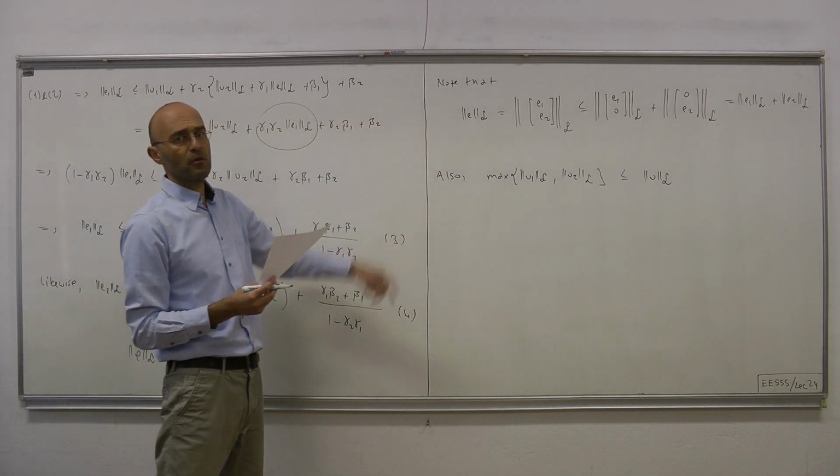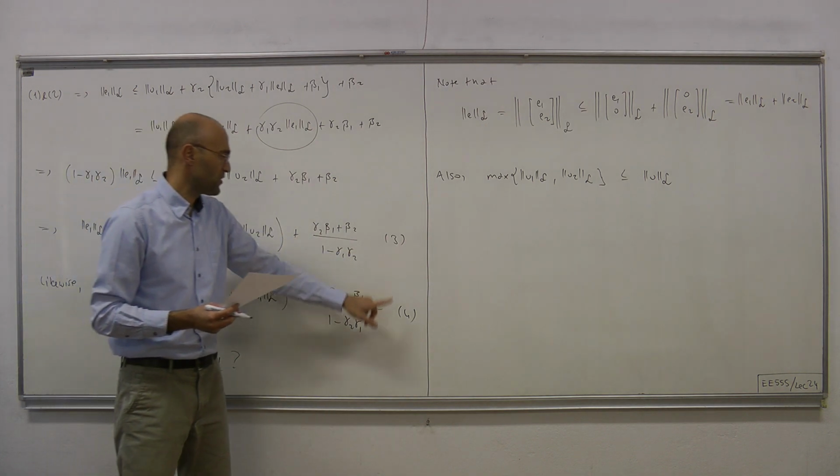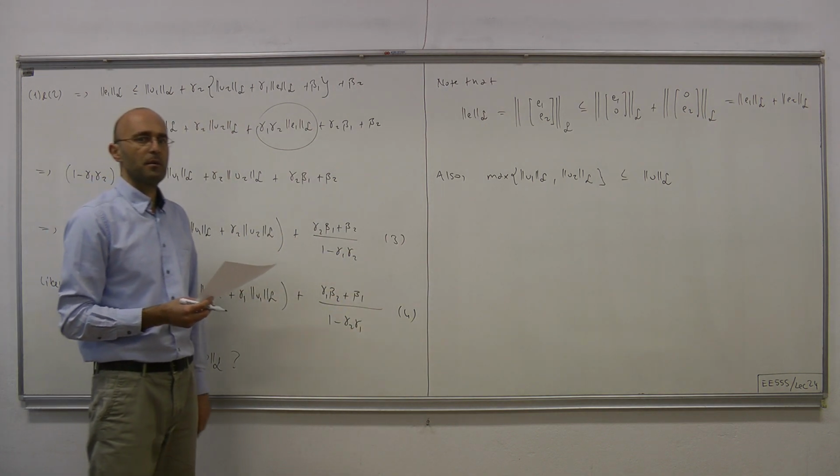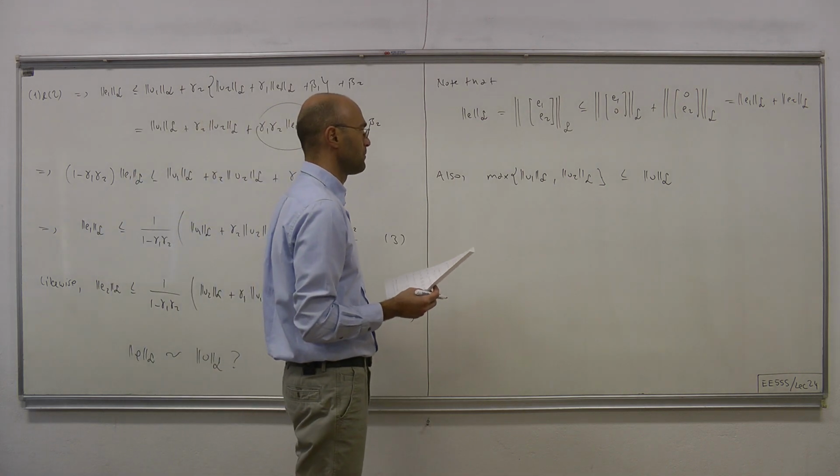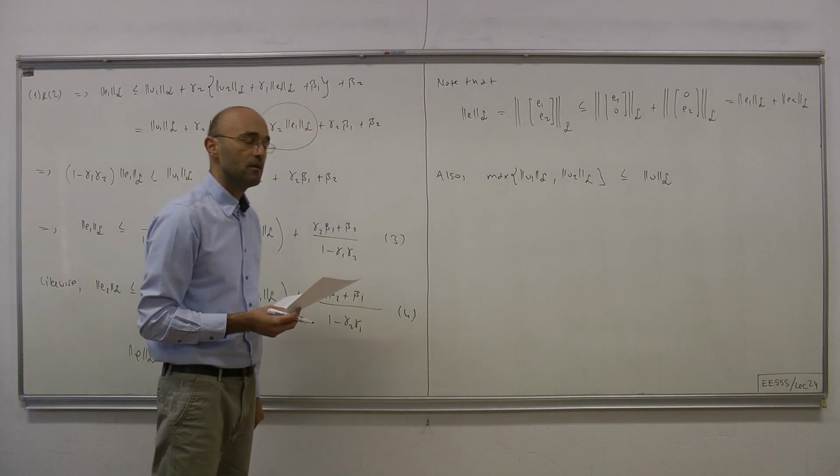Now, using those two observations and the inequalities that we obtained, 3 and 4, we will be able to write down the final inequality, which will give us the answer.